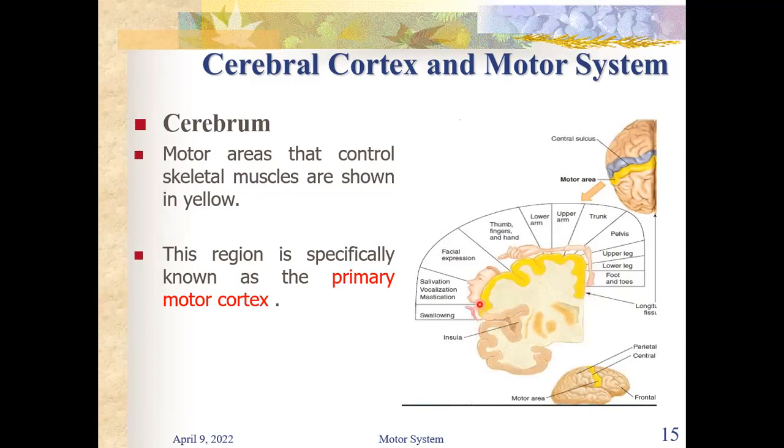Experimentally, stimulation of any part of this motor cortex will cause a movement in the corresponding part of the limb. These are motor areas that control skeletal muscles of different parts of the body.